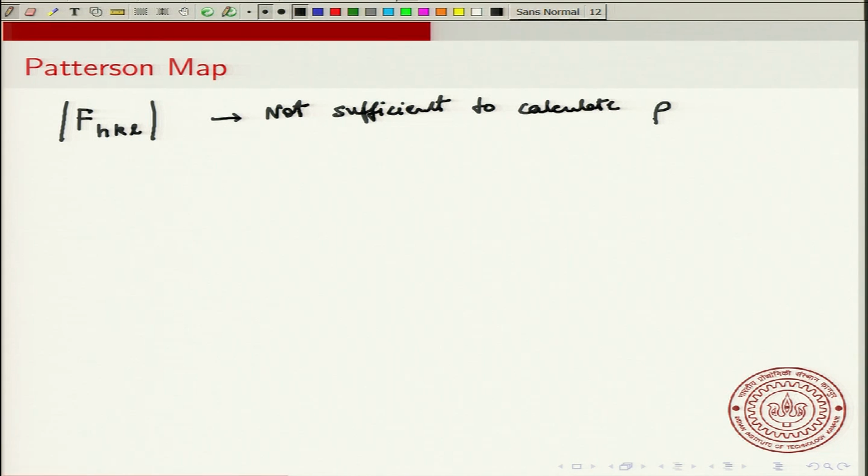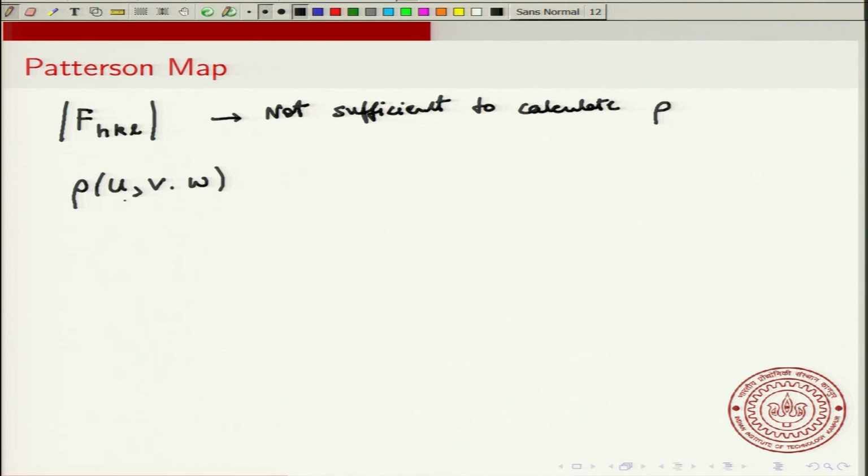And to overcome this problem, there is something called a Patterson map that is made. The Patterson map uses the absolute value of F of HKL, and it constructs a map.